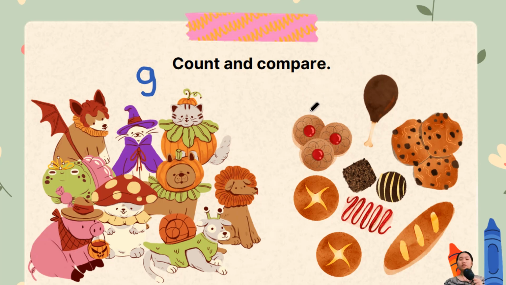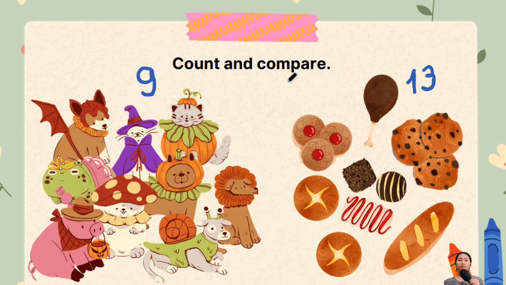How many treats do you see? 1, 2, 3, 4, 5, 6, 7, 8, 9, 10, 11, 12, 13. We have 13 treats. So do we have more treats, less treats, or is the amount of treats equal to the amount of animals? Well, we have more treats.